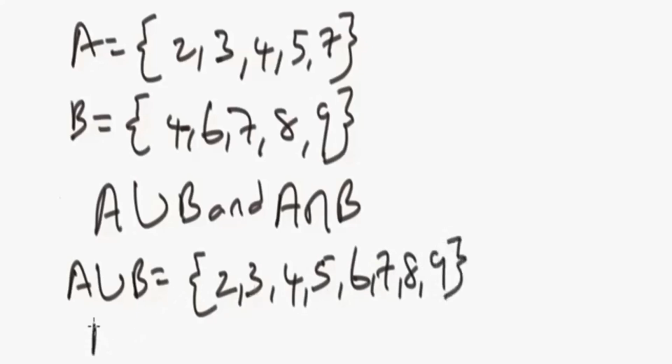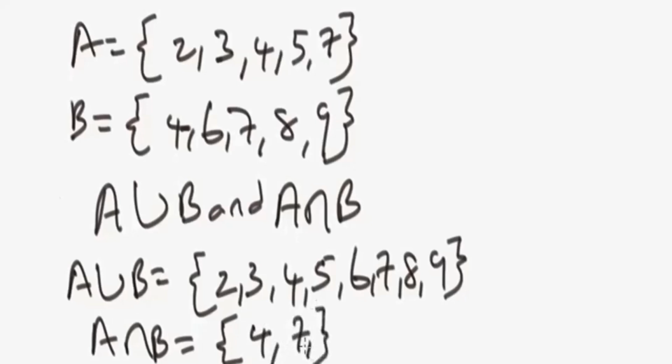Whereas our A intersect B will be the common elements in both A and B. We have 4, and which other value do we have? We have 7. So that will be the intersection.